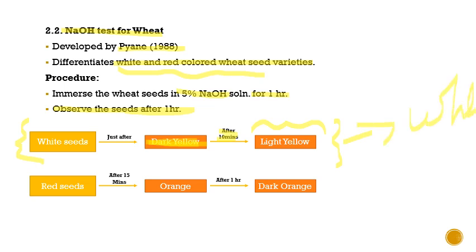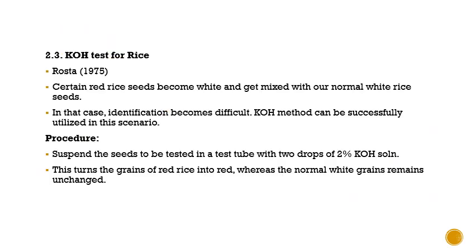Coming to the red seed category, after soaking in 5% NaOH we have to wait for 15 minutes. Only after 15 minutes will there be an orange color formation, and after 1 hour we get a dark orange color. Then we can confirm that these are red seed varieties.